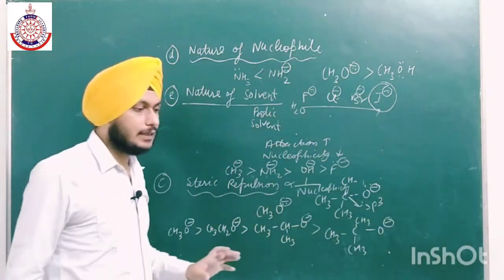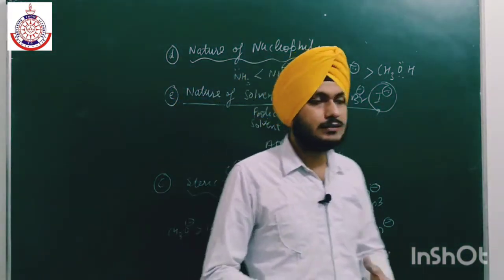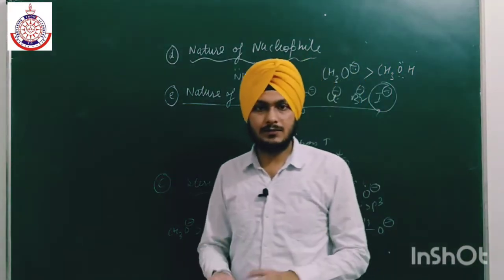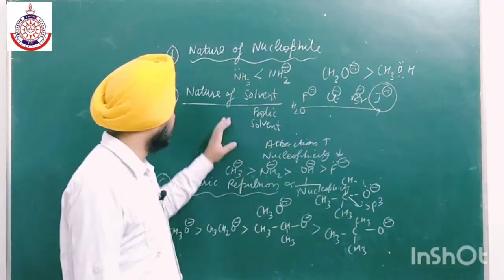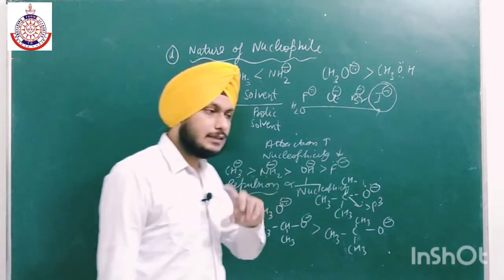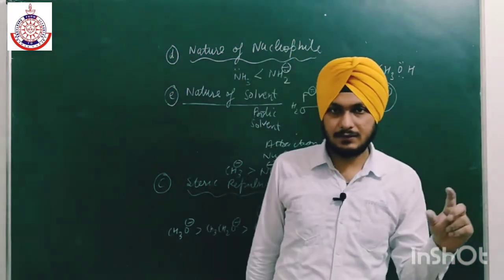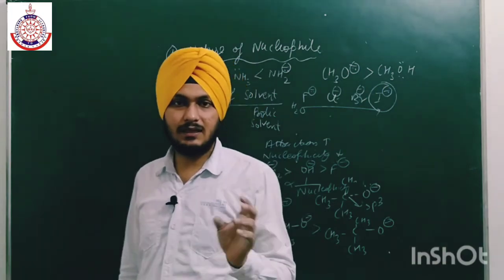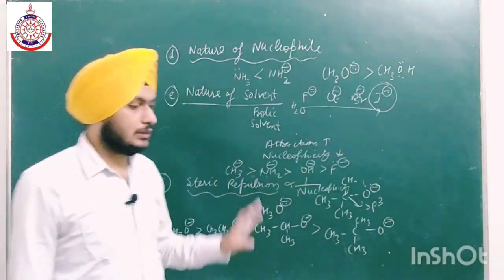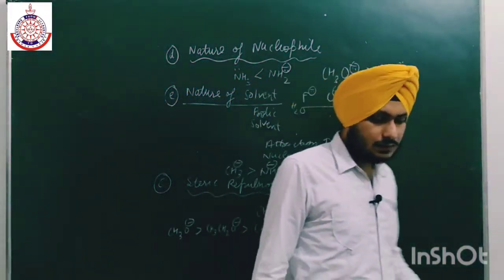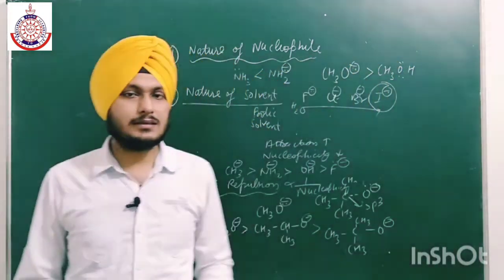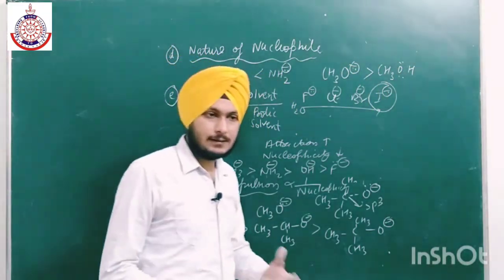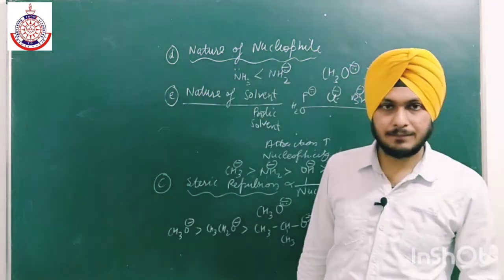The solvent factor is only valid if there is a size difference. If there is no size difference, then the factor of solvent is useless, because it can solvate equally if the size of the species are the same.